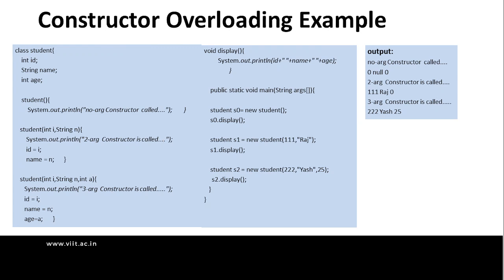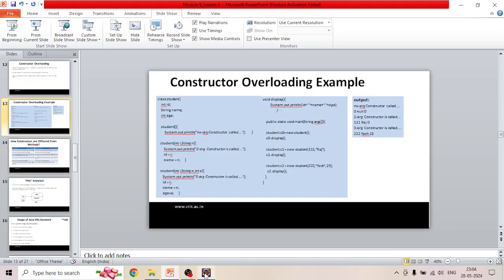Constructor overloading example: for example, a Student default constructor, then a constructor with 2 parameters, then a constructor with 3 parameters, and then we will use display, so that instead of having a single constructor in a class, we will have more than one constructor with a different parameter list.